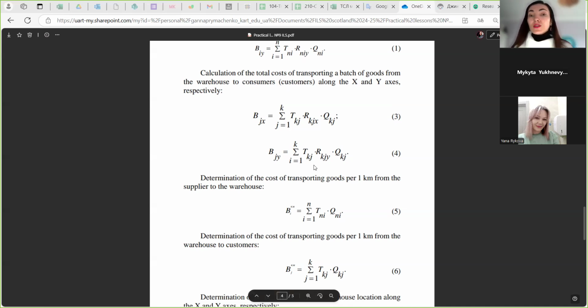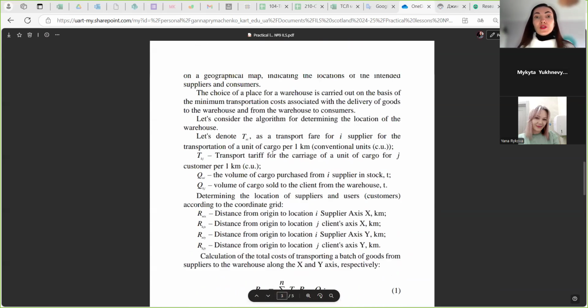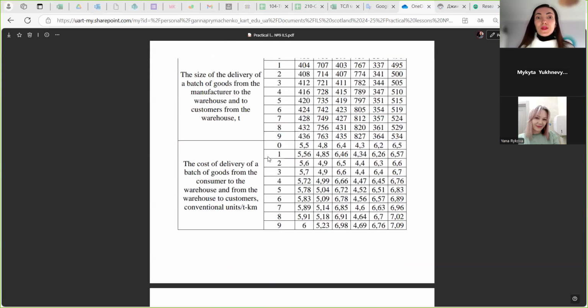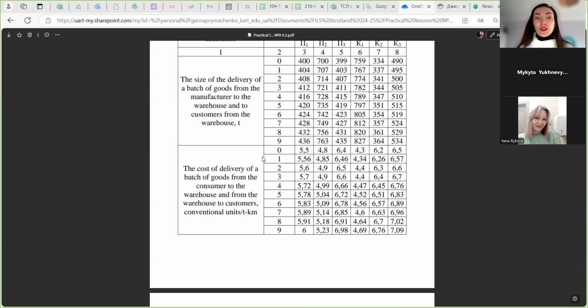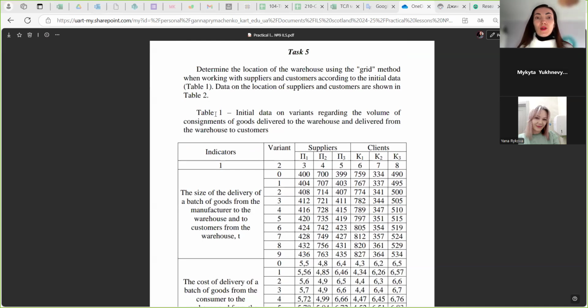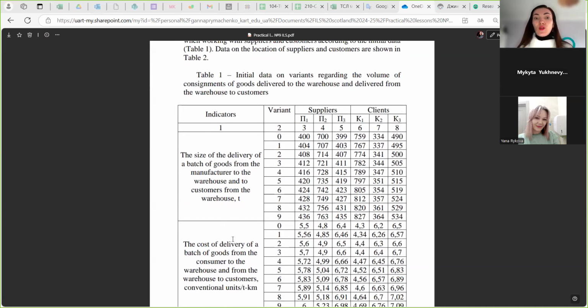Okay, now let us find this information for your variant from our tables. First we need to find the tariff. It is our table number 1, the cost of delivery from our manufacturer to our customers.